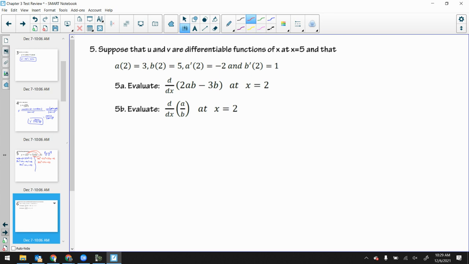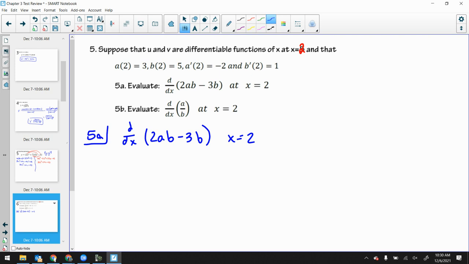I think I meant to say at 2. It should be differentiable at 2 if I'm trying to evaluate it at 2. All right, so first thing here, 5a. We want to find d over dx of 2ab minus 3b when x equals 2.